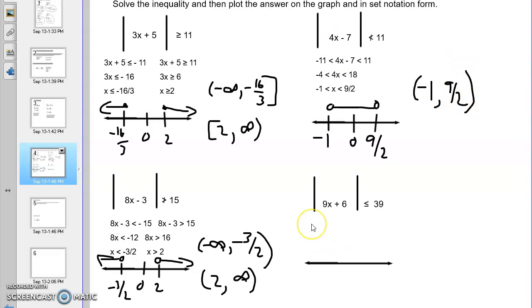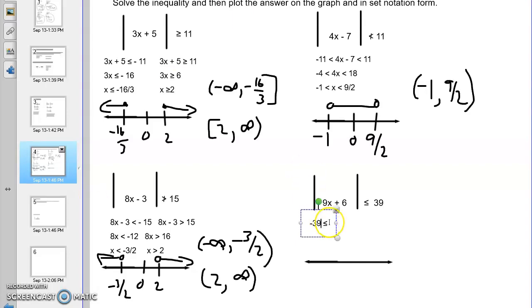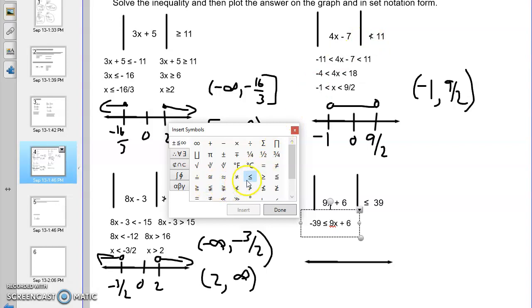The bottom one is a less than or equal to sign. So that one becomes negative 39 less than or equal to 9x plus 6 less than or equal to 39.